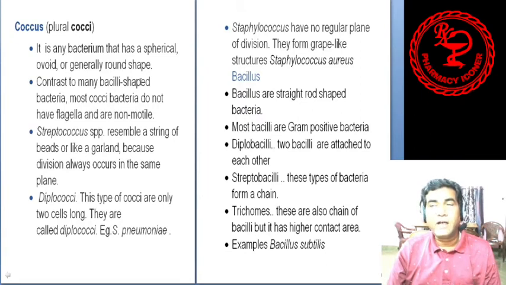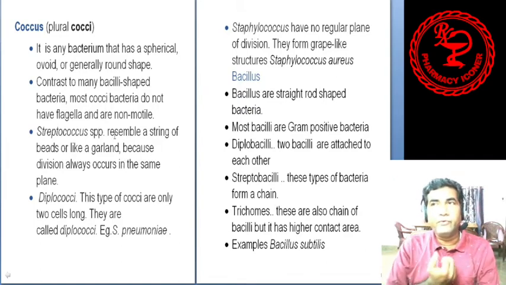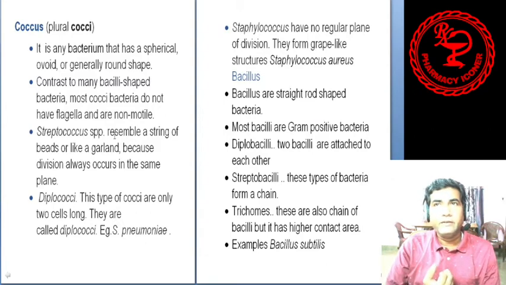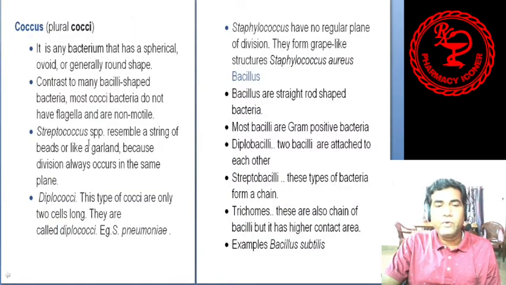During cell division, the division can occur in different planes, and some cocci form a chain, like a string of beads. You see there is a formation of a chain. That is why they are called streptococcus.